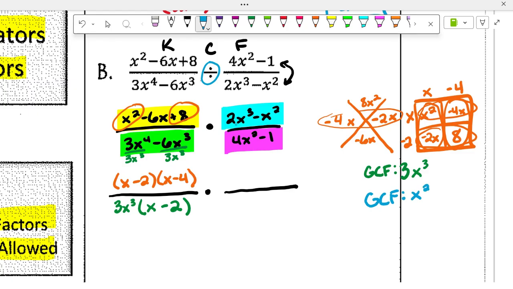So I'm going to divide both of these by x squared, and I'm going to write that x squared outside here. What's 2x cubed divided by x squared? 2x. What's negative x squared divided by x squared? Negative 1. So that's done.